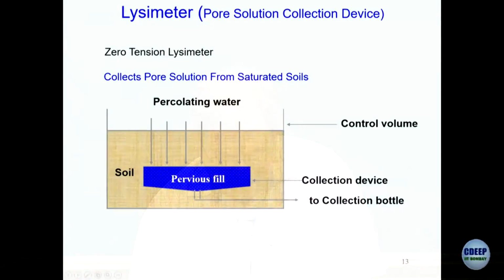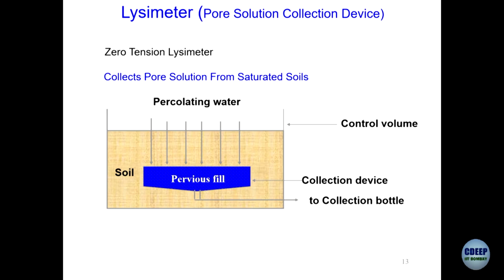Inside the soil mass you bury a pervious fill. If you remember basic soil mechanics, there we have created heterogeneous dam sections by putting filter layers. It is something like that only. So, you dig out the soil, include a pervious fill and percolate the water and see how much time it takes for water to reach this pervious fill and what gets washed away from this soil mass.